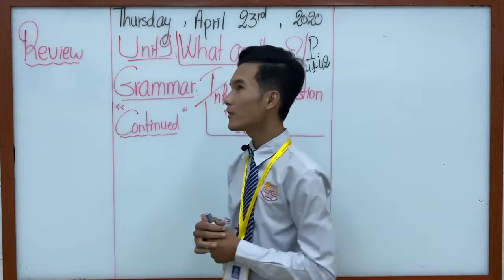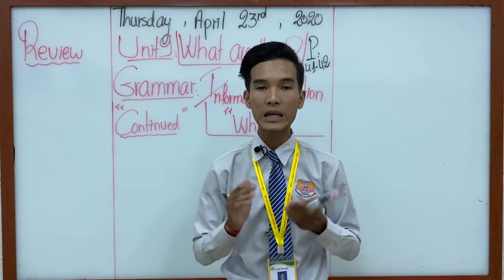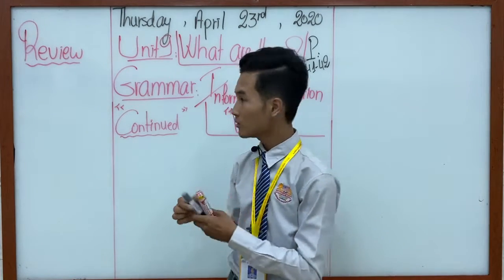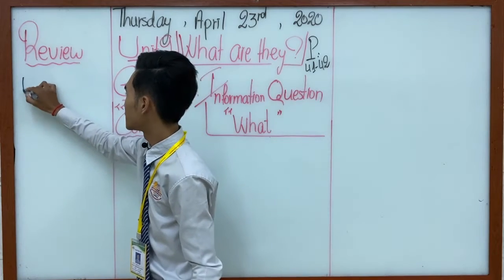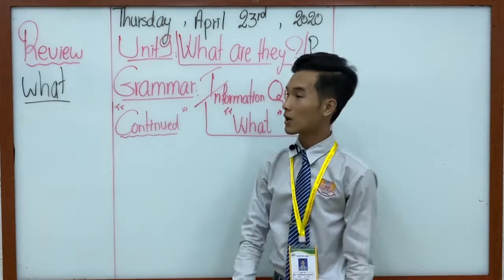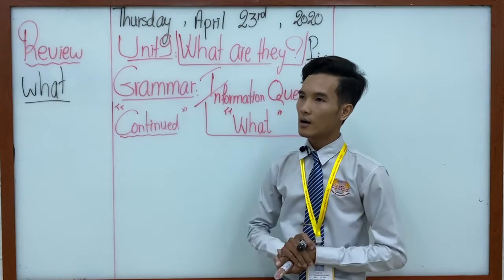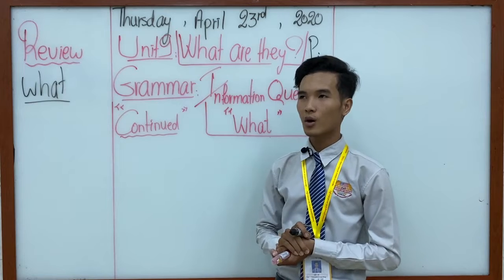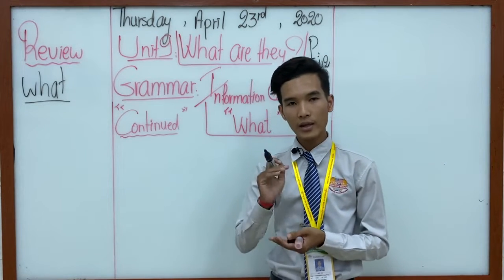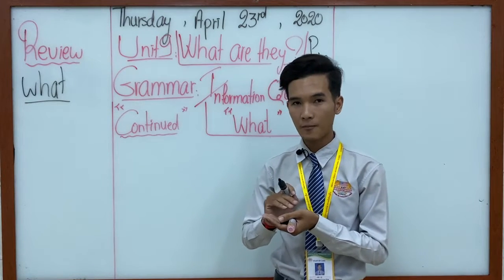Okay, the information question. So what were we talking about in the information question? We're talking about what? Okay. So one more question. I would like to ask you, how many points did I explain to you yesterday?